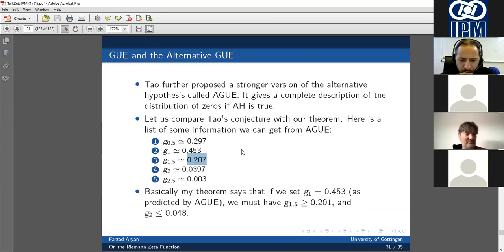I think the important point is that for years many people believed that GUE would be the model that explains the distribution of the zeros of the Riemann zeta function, but these recent results put some doubt on it.